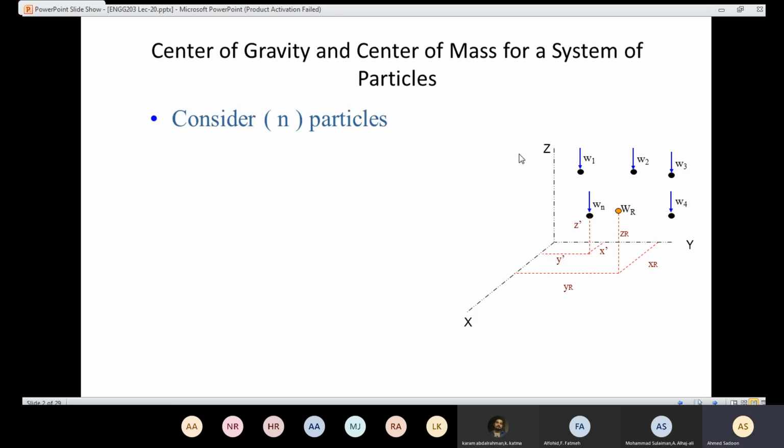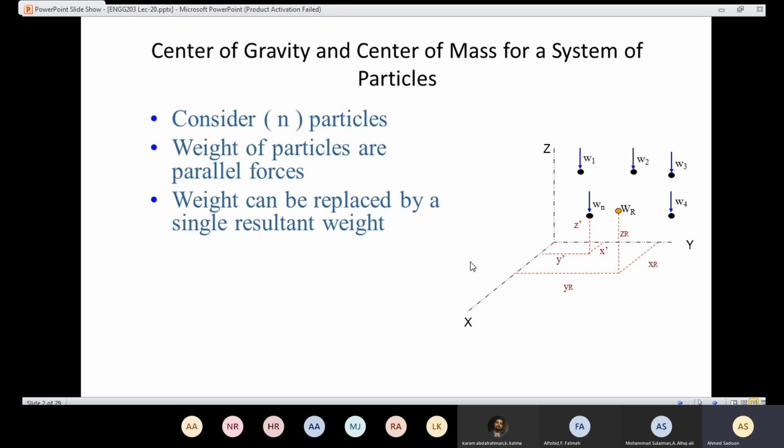We have n particles. And also the weights of the particles are going to be parallel forces. So here we have parallel forces. All the particles are parallel forces. We have force 1, 2, and so on. Also, those weights could be replaced by a single resultant weight. So instead of all of these forces, I can represent it by only one single resultant force.